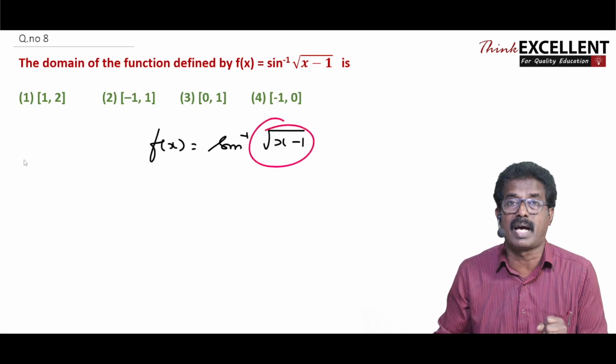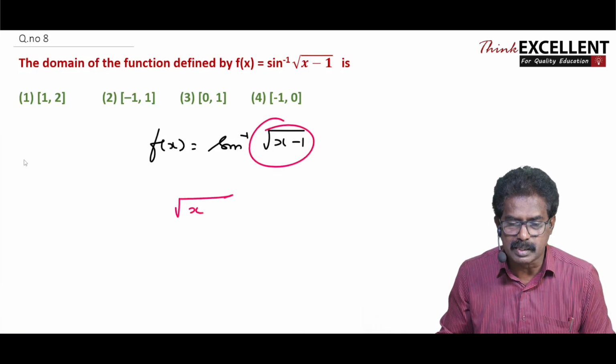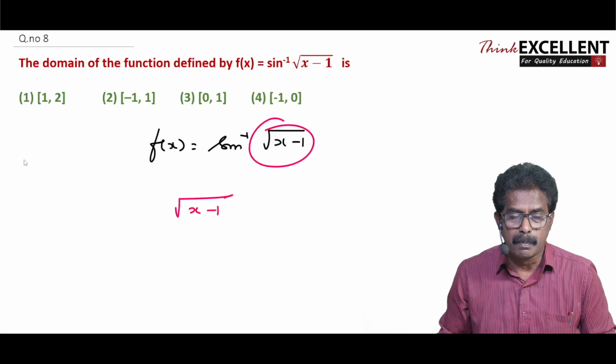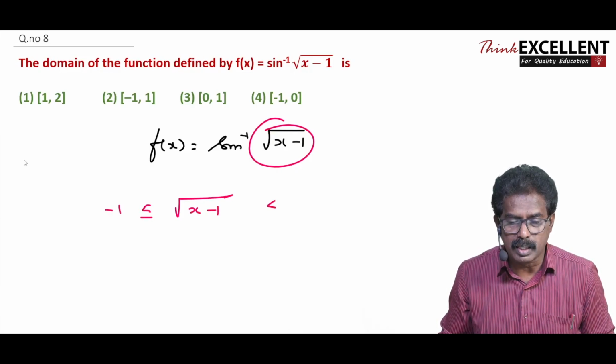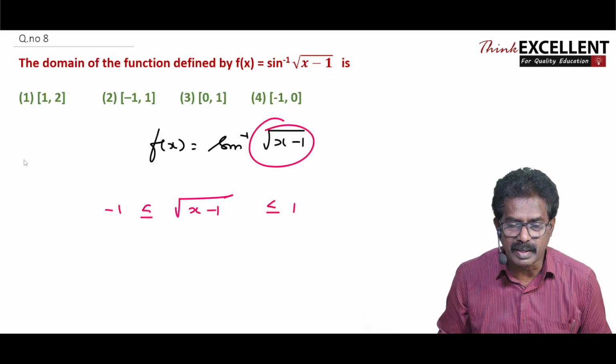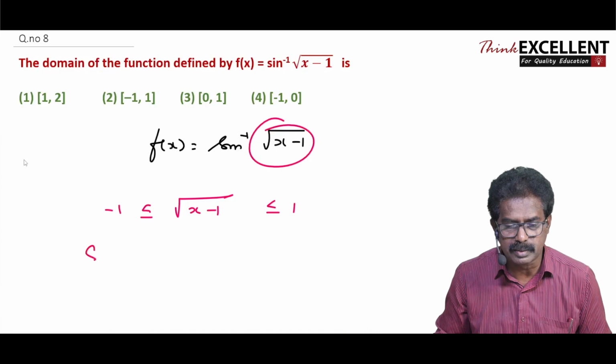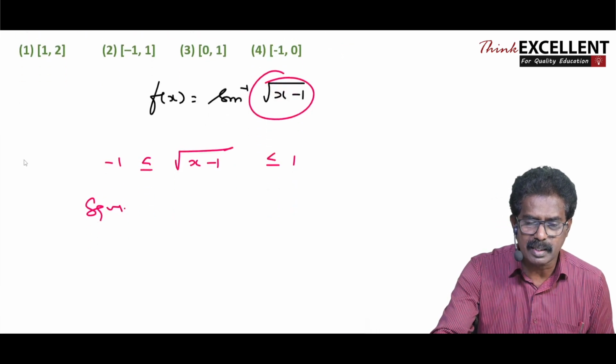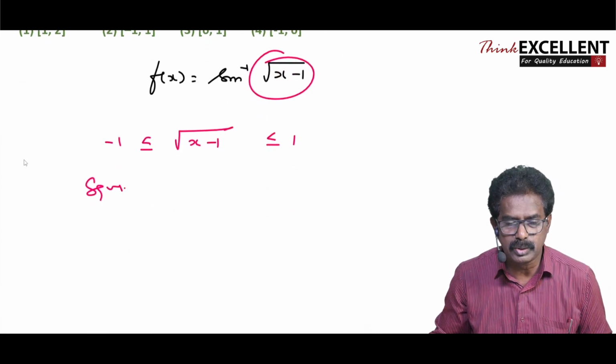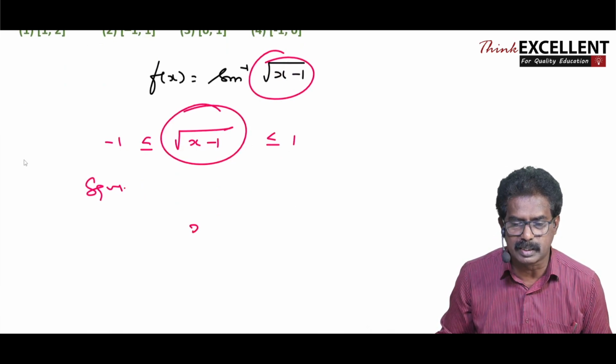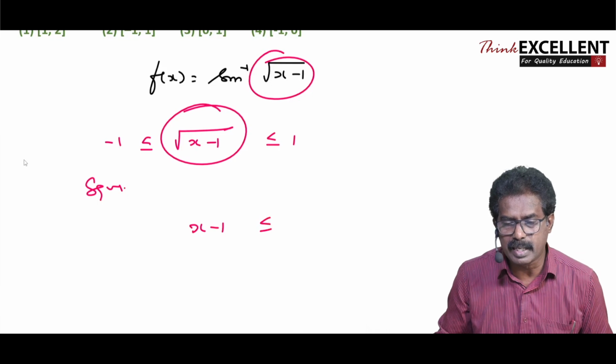Here instead of x we have root of x minus 1, so root of x minus 1 must lie between minus 1 and plus 1. But we want to find x from here. So for that what do you do? You have to square it. When you square, the negatives become positive, right? Here the root cancels, so you are getting x minus 1.